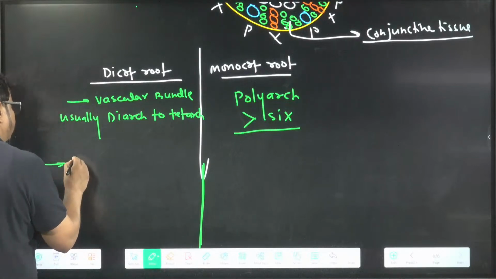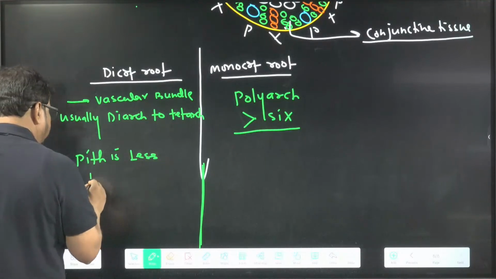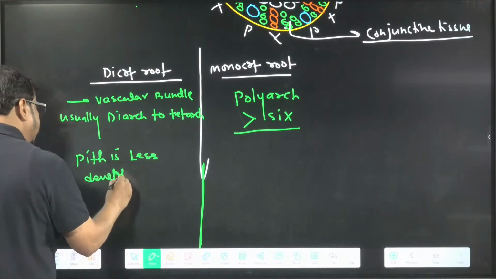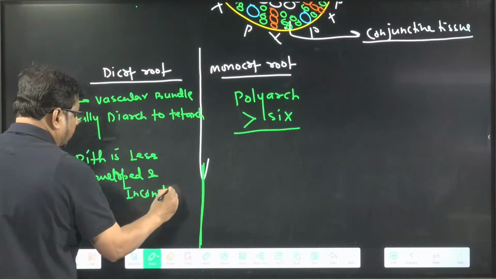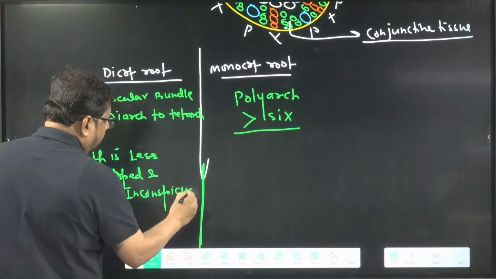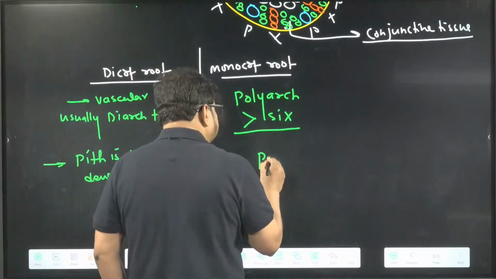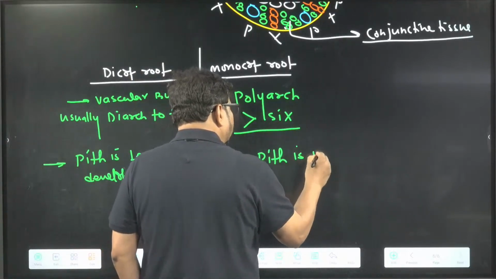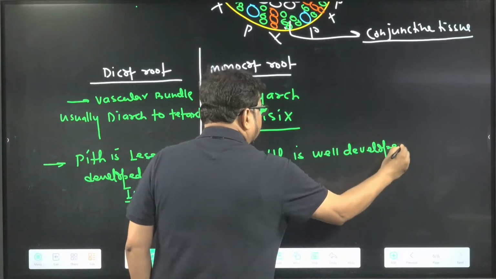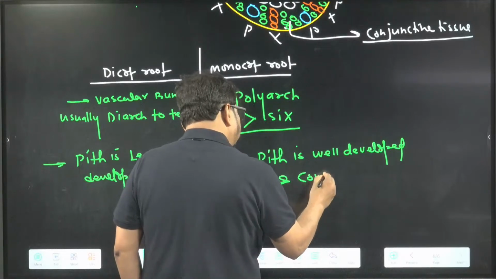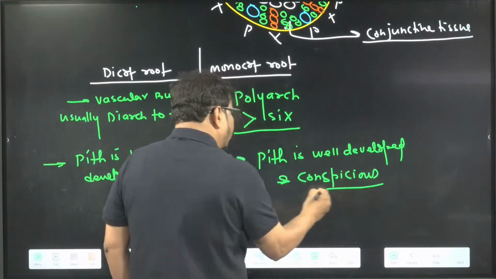Now in dicot root, pith is less developed and inconspicuous. In case of monocot root, pith is well developed and conspicuous.